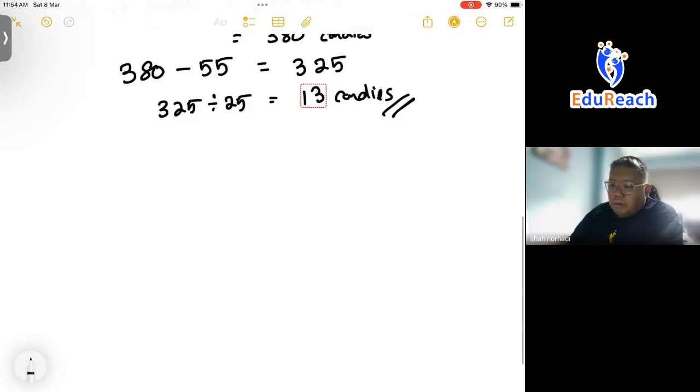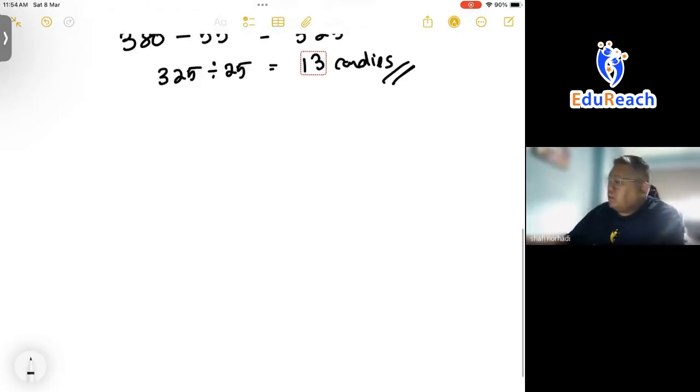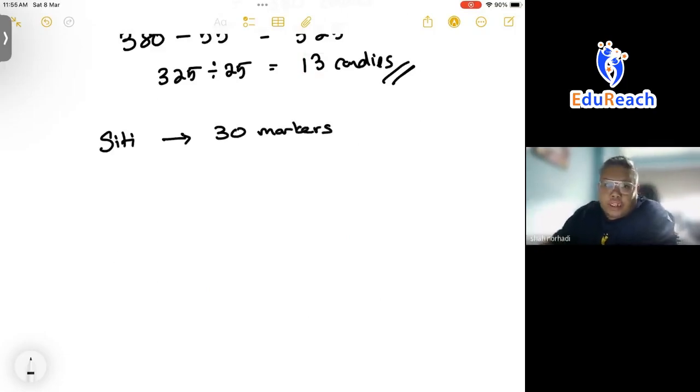Now let's go to question 5. It is about buying markers. So CT wants to buy 30 markers. So there's this person, CT, she wants to buy 30 markers. But what happened? Can she buy 30 markers? Cannot, right? Why?